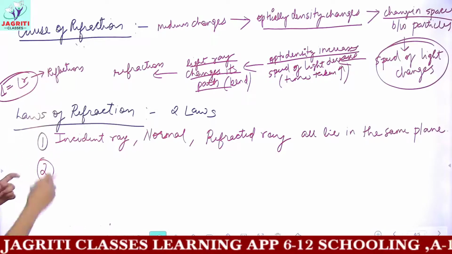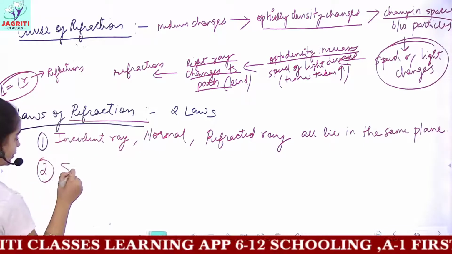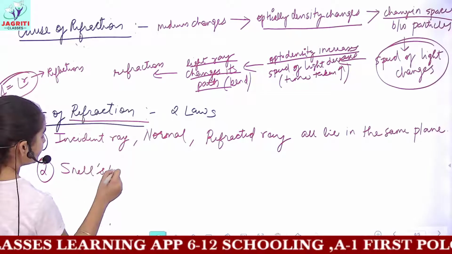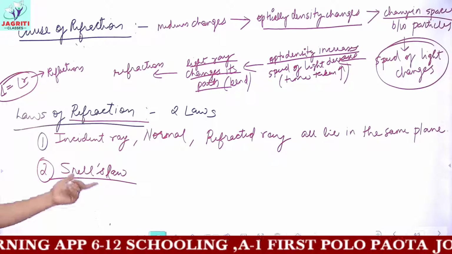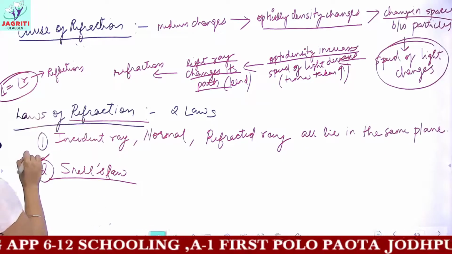But the second law of refraction is called Snell's law. Many a time this law is asked, what is Snell's law, so please do remember its name. It is very important.